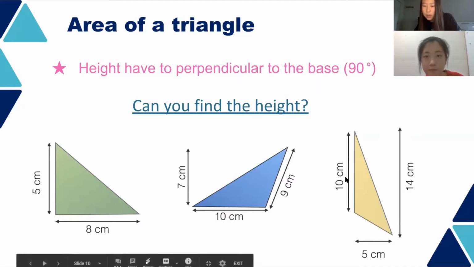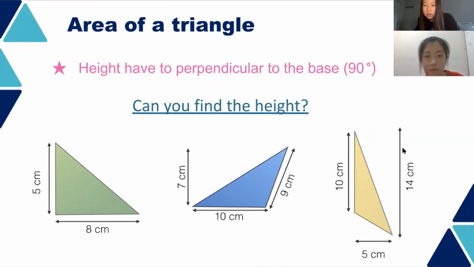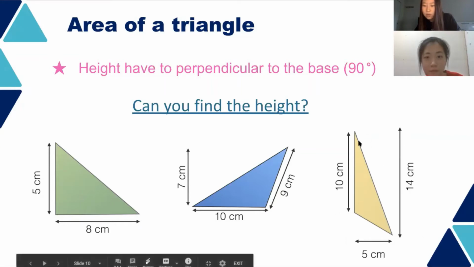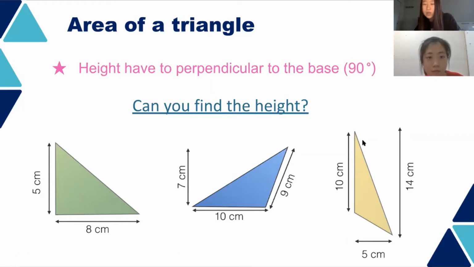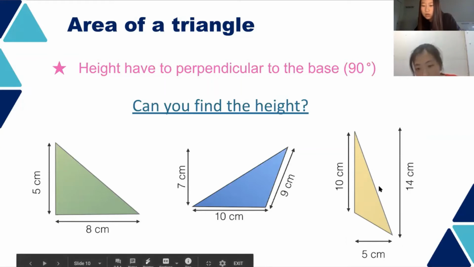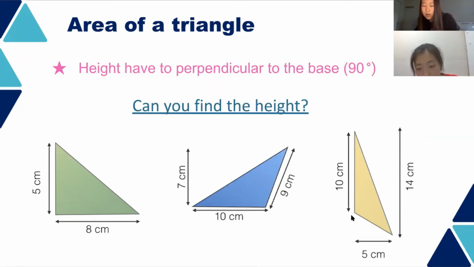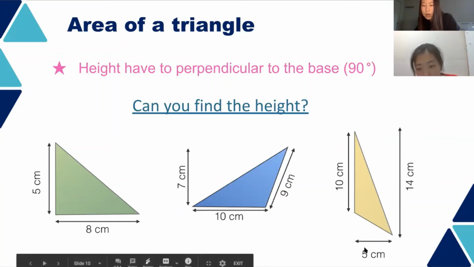The 10 would be the base because 14 is the total length, not the direct length of the right side of the yellow triangle, but 10 would be the direct length on the left side, and 5 would be the height because 5 is perpendicular to the 10 centimeter line.